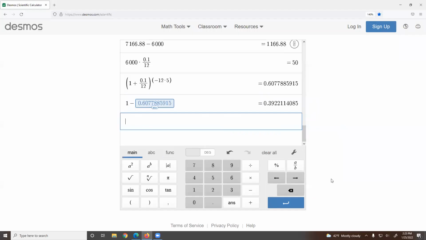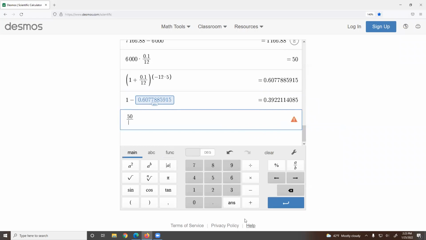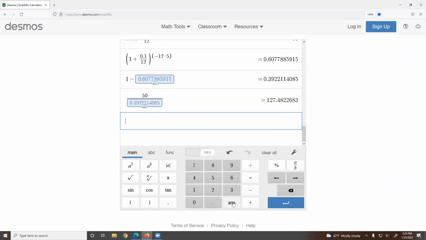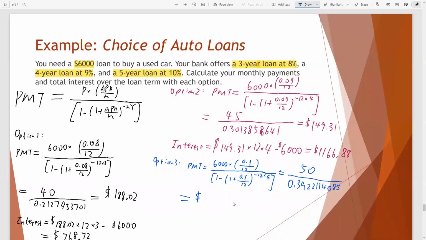Right, and 50 divided by that, that's $127.48.